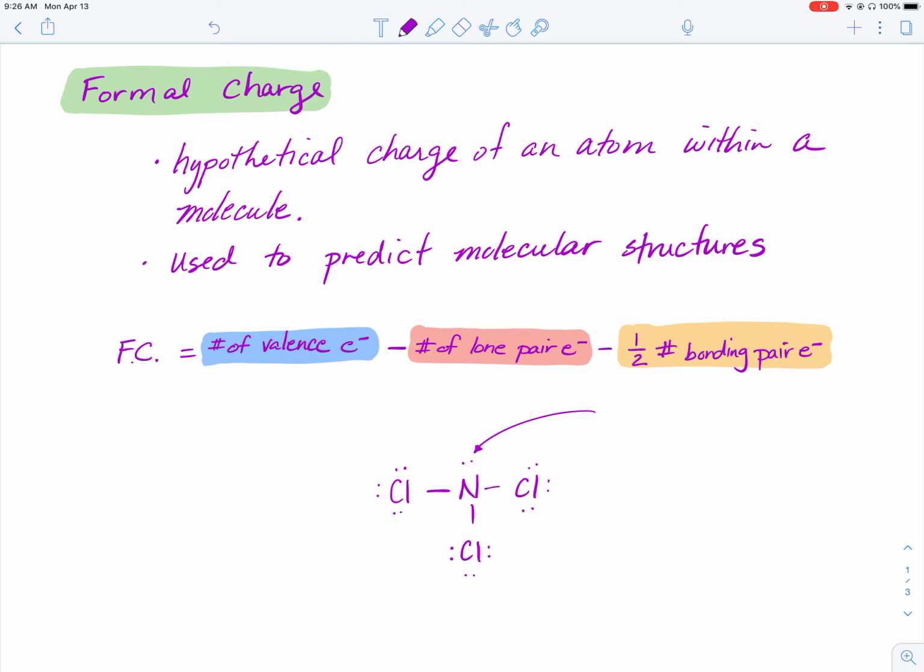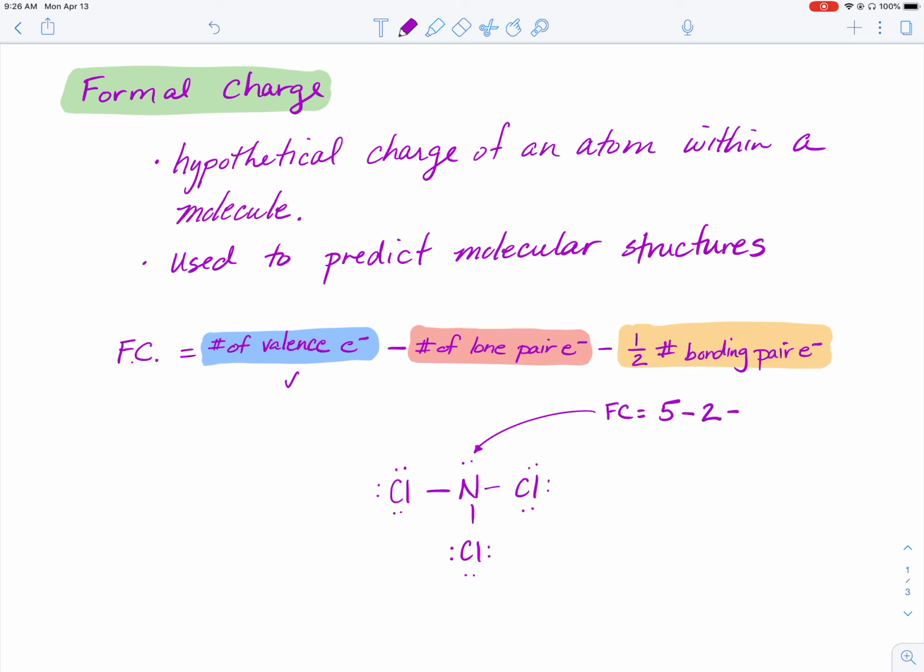So if I were to calculate the formal charge for nitrogen in this molecule, NCl3, where the Lewis dot structure is already shown here, I would put the formal charge is equal to 5. So 5 is the number of valence electrons that nitrogen normally has available. Then I'm going to subtract the number of lone pair electrons attached to nitrogen, and there are 2 lone pair electrons, so I'm going to subtract 2.